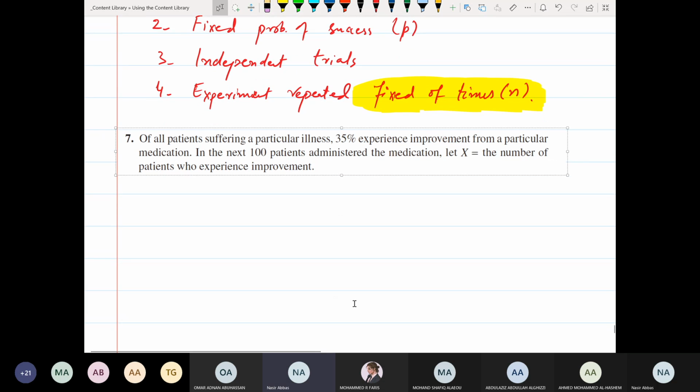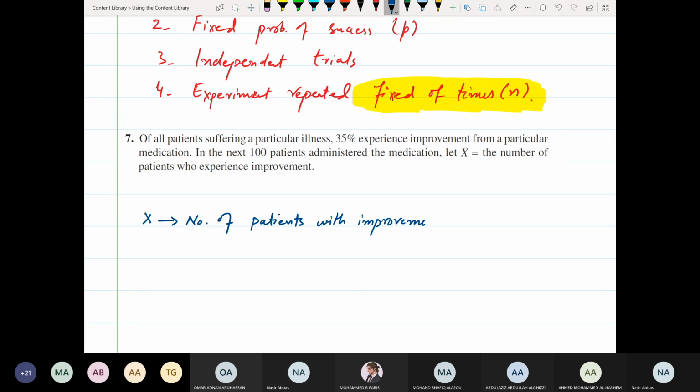Here, you are interested in X, which is the number of patients with improvement. I'll call this whole thing success.